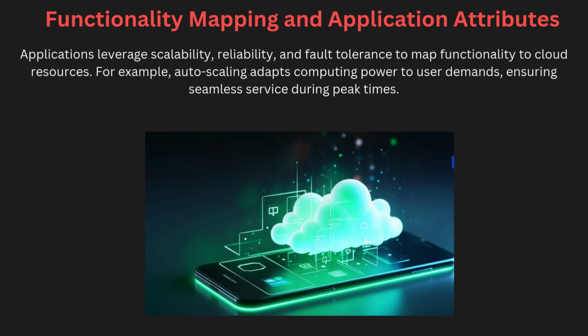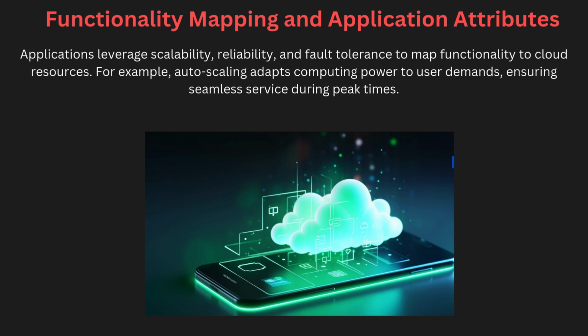Application attributes such as scalability, reliability, and fault tolerance guide how functionality is mapped to the cloud. These attributes ensure that cloud services meet specific performance requirements. By understanding this mapping, organizations can design applications that take full advantage of cloud resources while ensuring a seamless user experience.